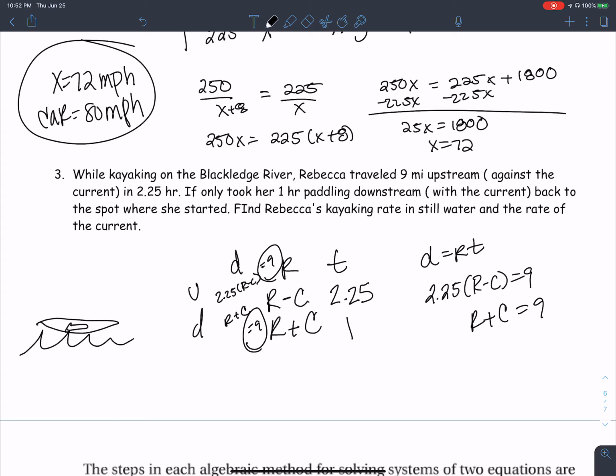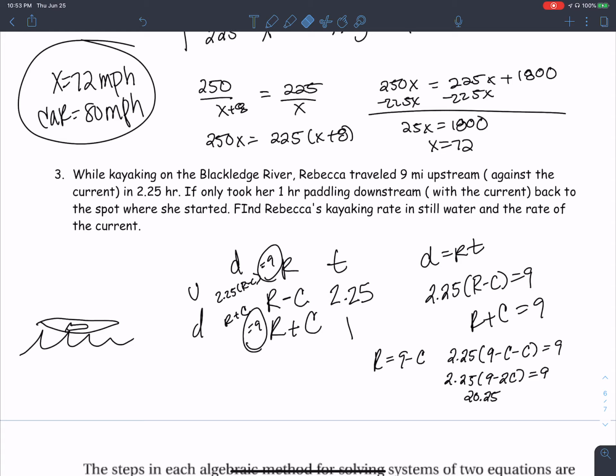I would actually do substitution on this one. So I'm going to do r equals 9 minus c. So 2.25 times 9 minus c equals 9. 2.25 times 9 minus 2c equals 9. 2.25 times 9, 20.25. 2.25 times negative 2 is negative 4.5.